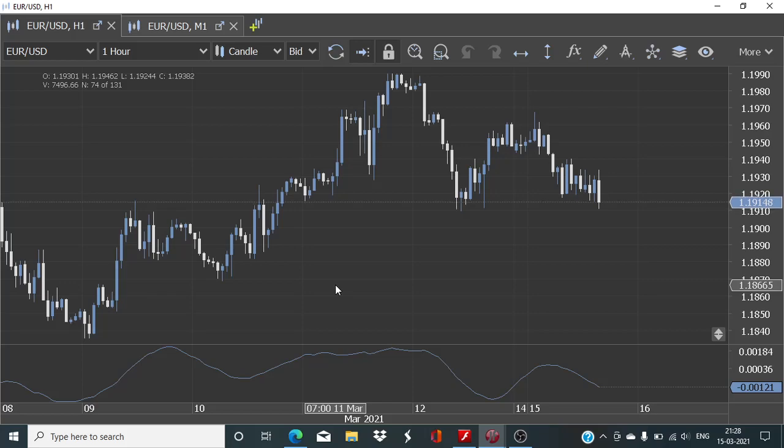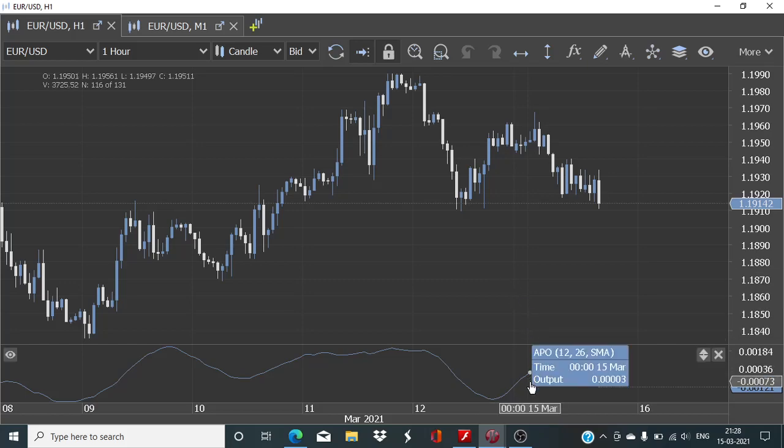This is fairly simple to understand. It basically looks at the difference between two EMAs, and you can even choose SMAs. So two moving averages. It can be EMA, SMA, or any other type of moving average. And we take one of shorter time horizon and another of longer time horizon, and subtract the longer one from the shorter one.